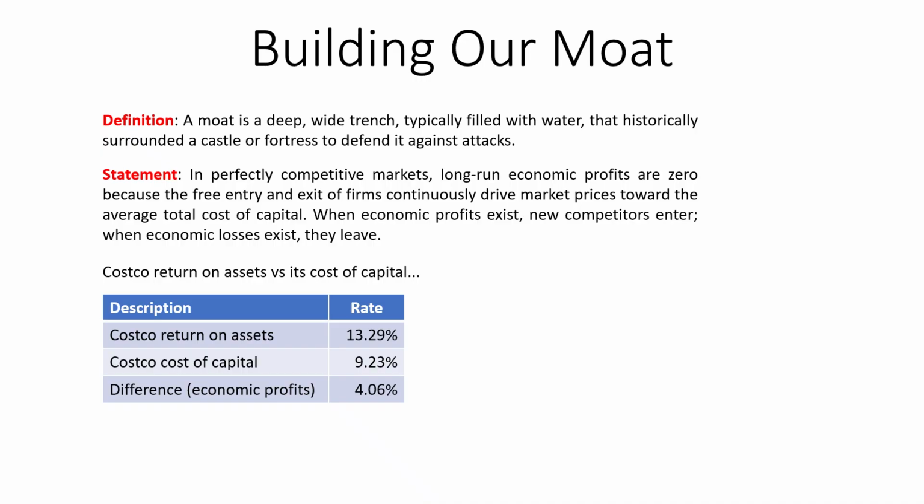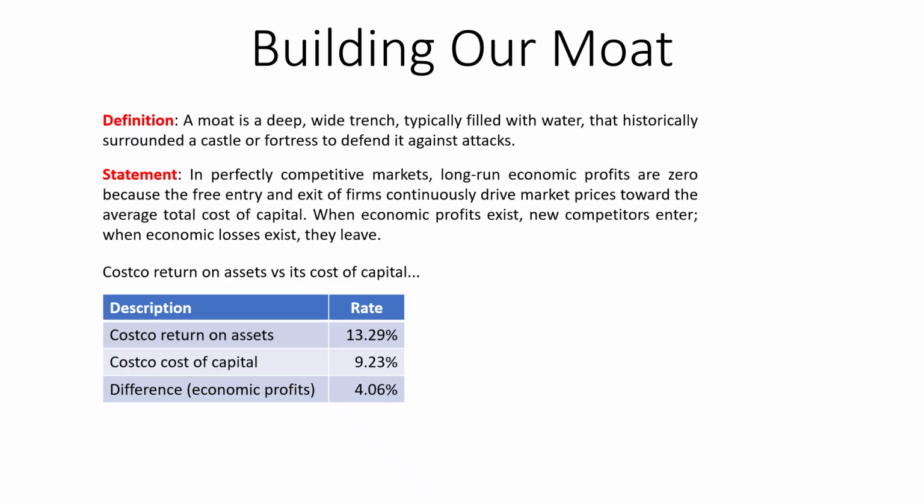What does this mean in the context of building your moat? What Warren Buffett talked about when he talked about moats is he wants to pick a company that he understands with a product such that you can build a moat around its returns.